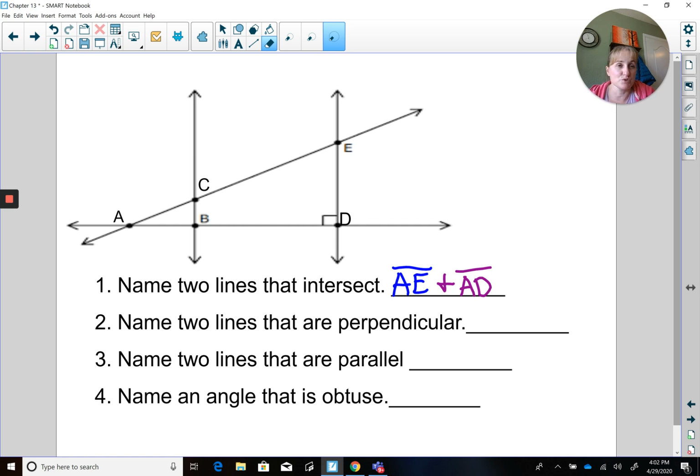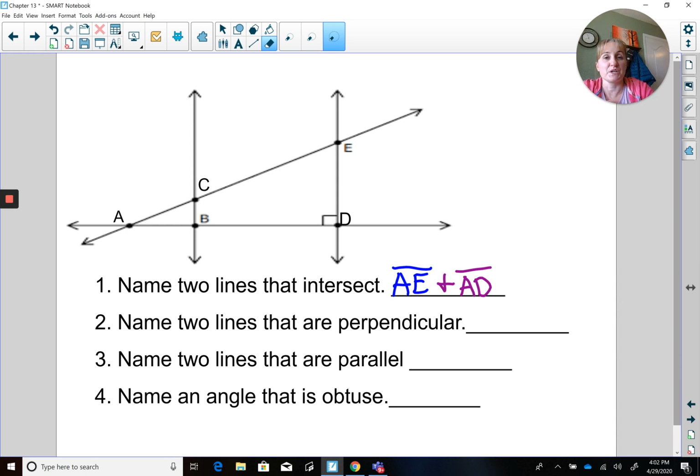And for now, if you just want to write the letter that gives that vertex, that's fine. And then I'll show you how to write that as an angle. Okay, so go ahead and answer those 3 questions. Pause this so you can answer it, and I am going to go on to check it, but I want you to do this first so you know you're ready for the test, okay?